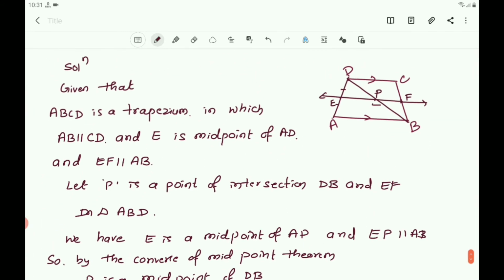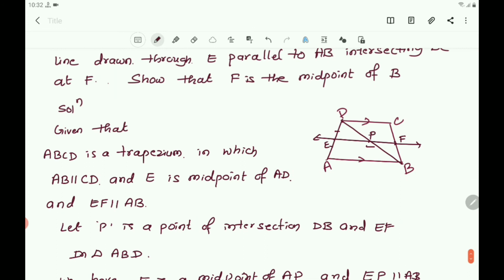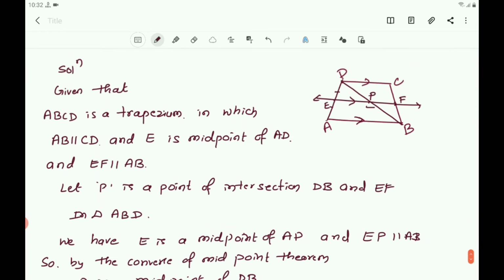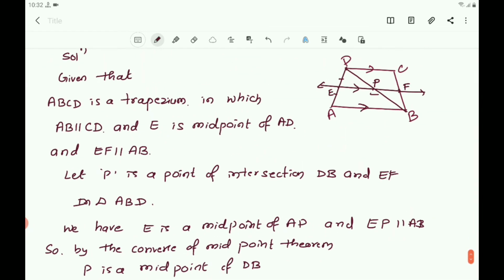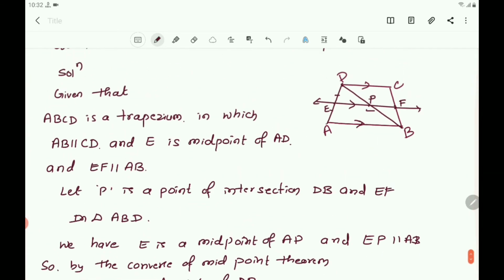And similarly you take triangle DCB. Here you know that as EF is parallel to AB, EF is also parallel to CD because AB is parallel to CD. So in triangle DCB, PF is parallel to DC, and P is a midpoint of DB. We proved it.